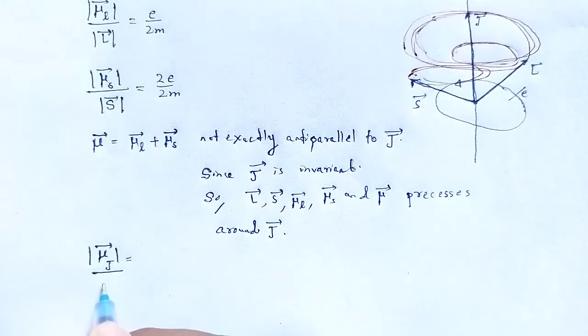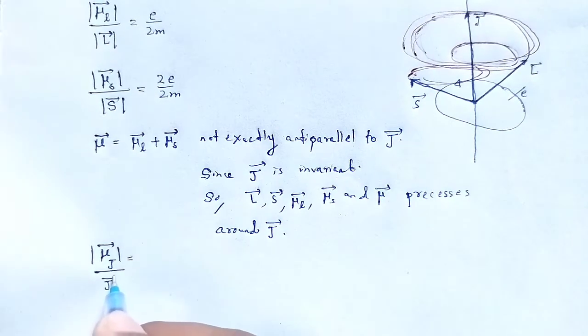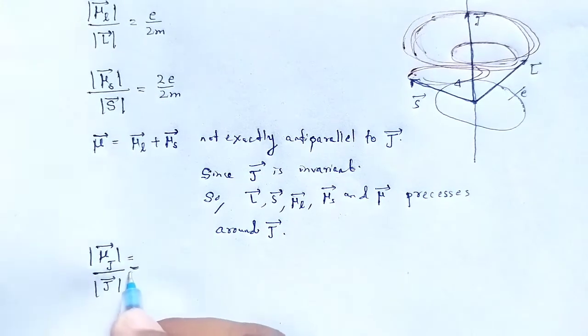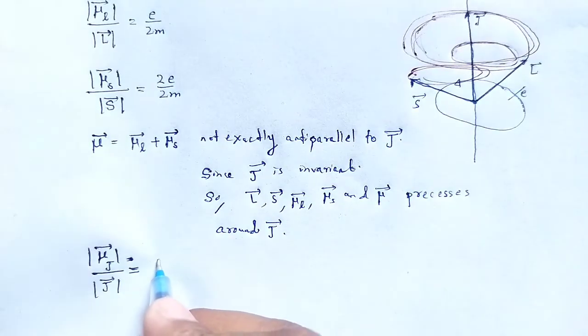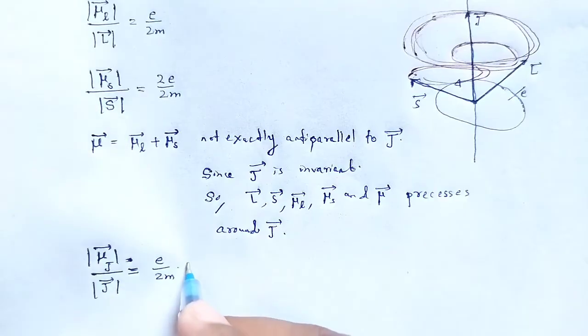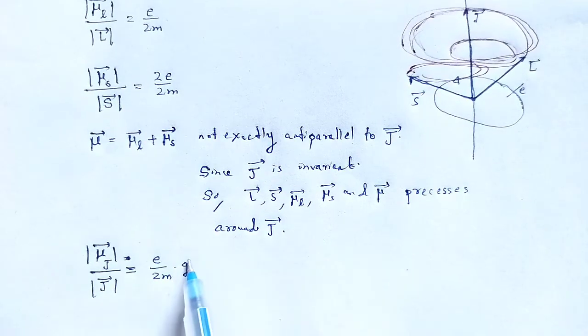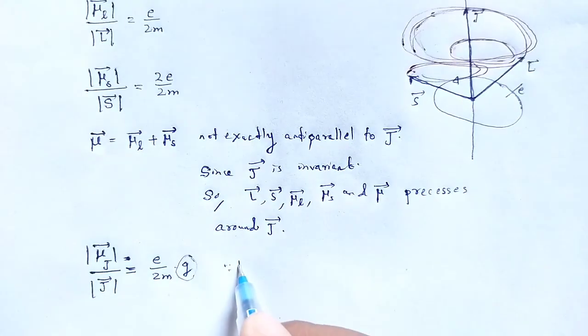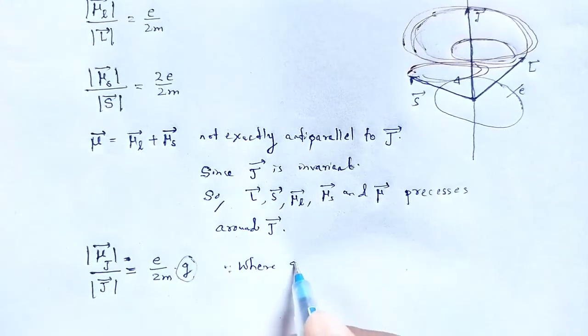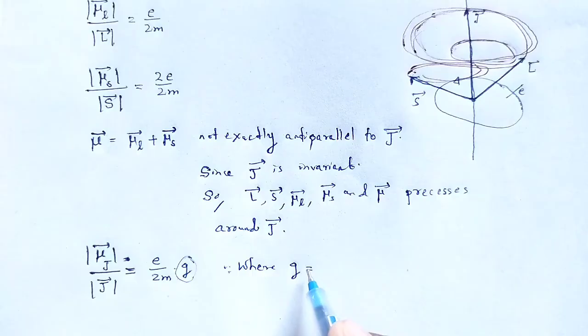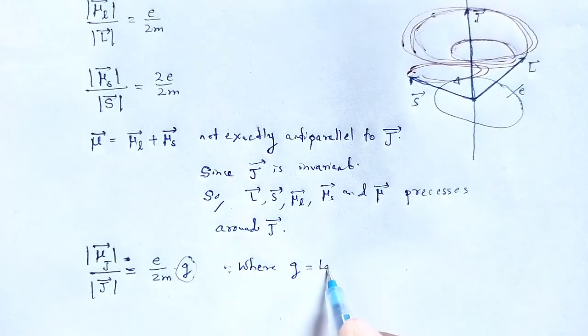The ratio of mu J to J is equal to e by 2m into g, where g is known as the Lande g factor.